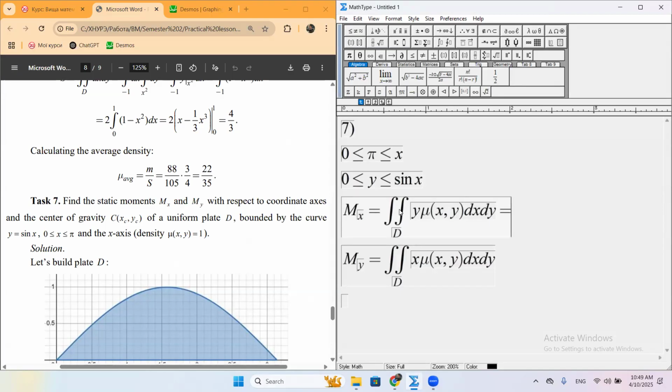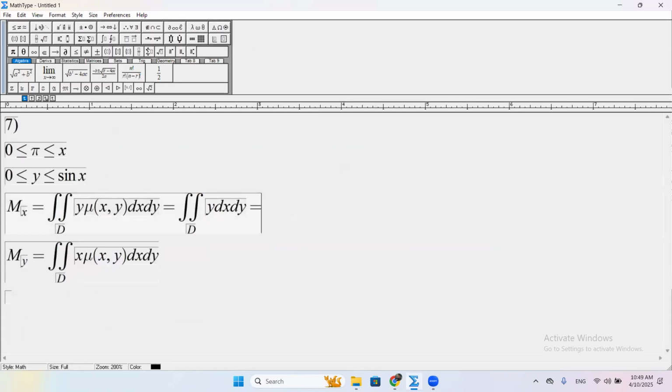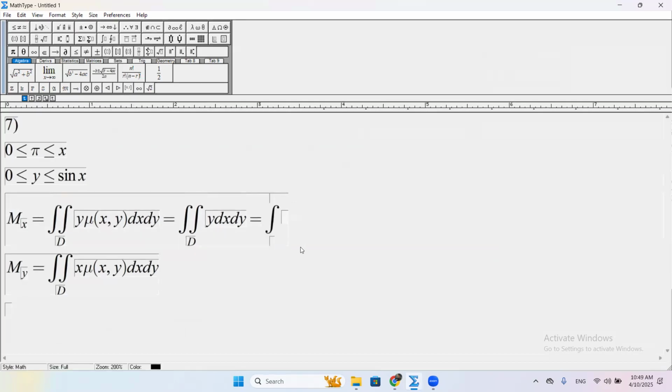So now let's calculate static moments first of all. So x is from 0 to pi, and y is from 0 to sine of x.